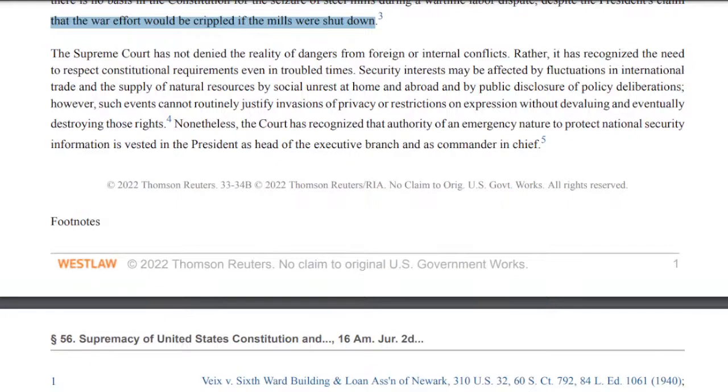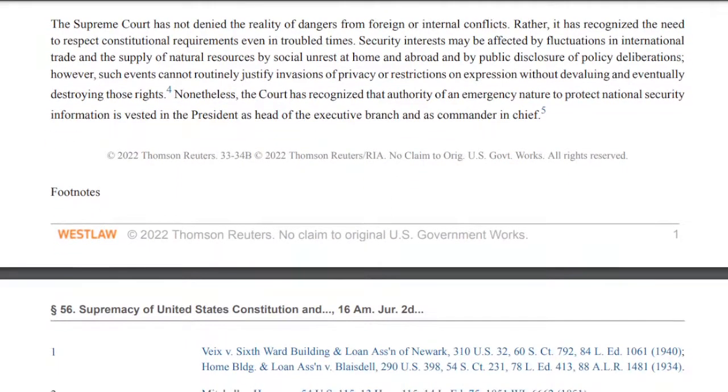Well established. The Supreme Court has not denied the reality of dangers from foreign or internal conflicts. Rather, it has recognized the need to respect constitutional requirements even in troubled times.